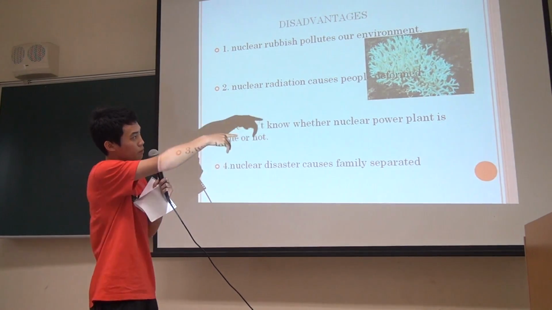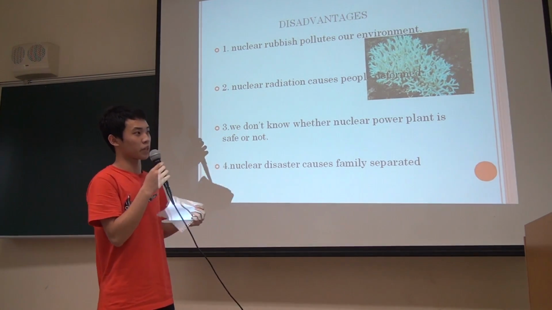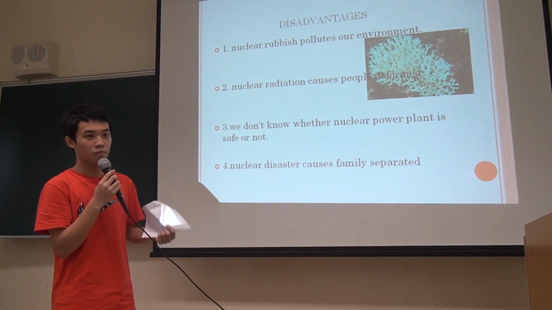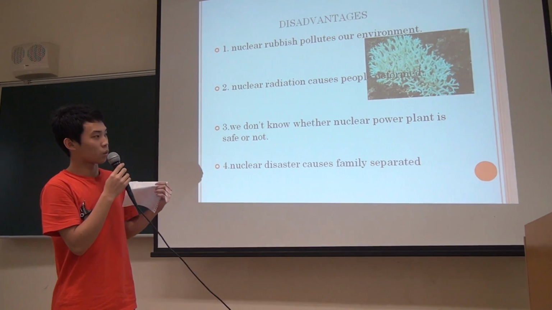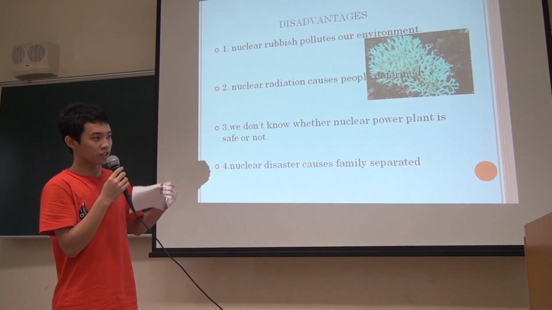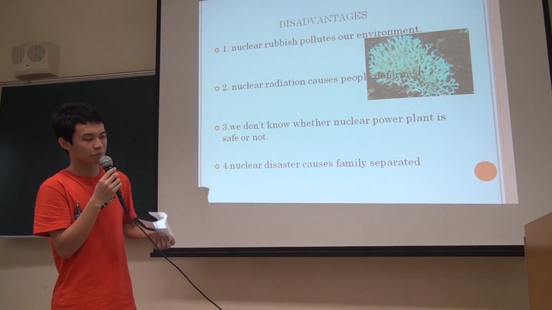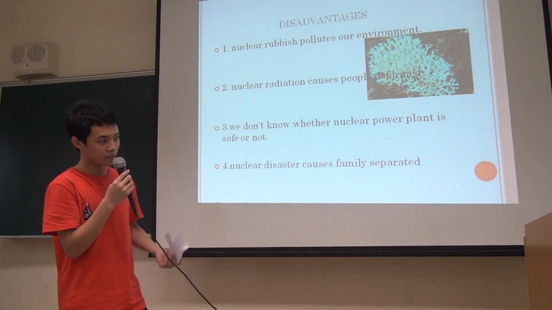See, this picture is a coral sample, because nuclear power plants need much water to cool down, so the water will increase its temperature, and the high temperature will cause coral bleaching.